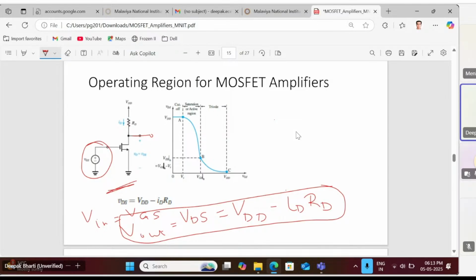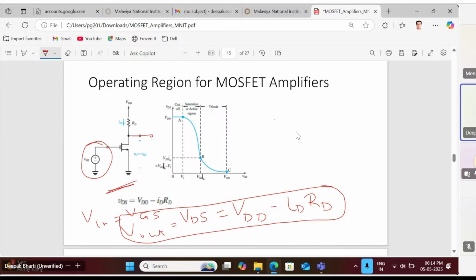Now we will try to plot a transfer curve, that is, between V out and V in. If we vary V in from 0 volts to VDD, how will the output change? So let's begin. If V in is 0, what is the state of this MOSFET? For the time being we are considering the enhancement MOSFET.